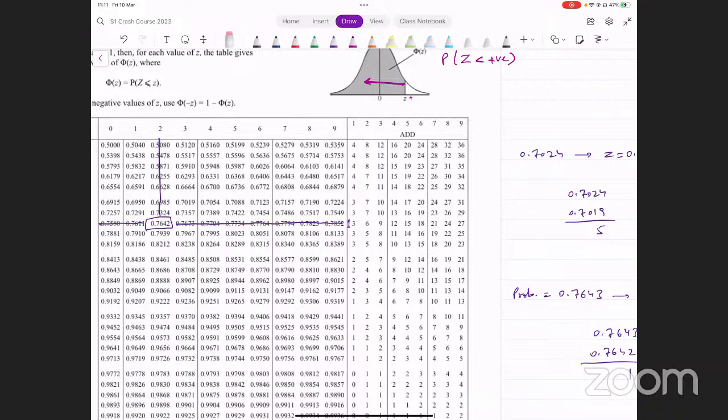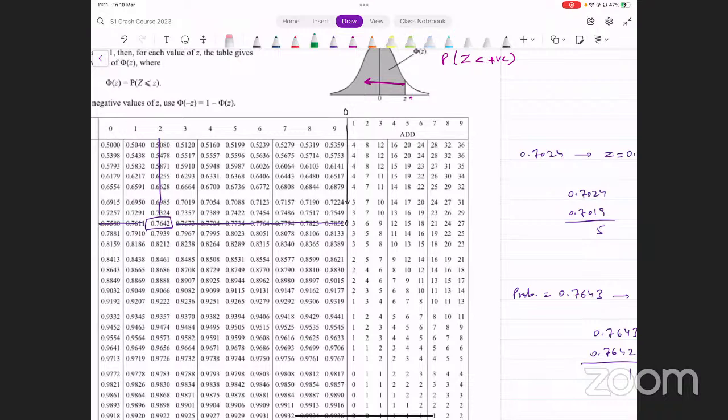What if the third decimal place of Z was 0? In case of 0, you would not be adding anything. So you can think of it like this, that yes, this value is 3, but if the third decimal place was 0, you would not be adding anything.